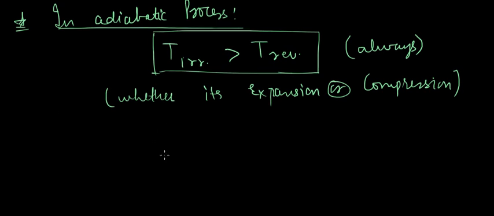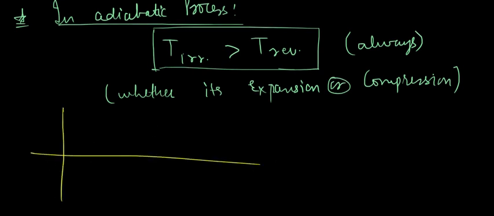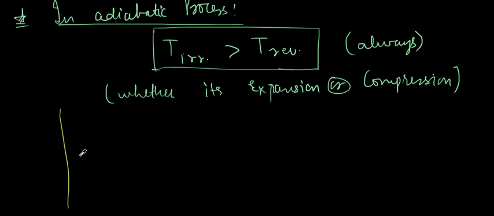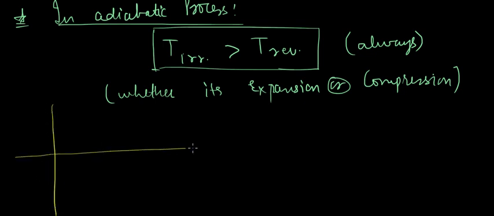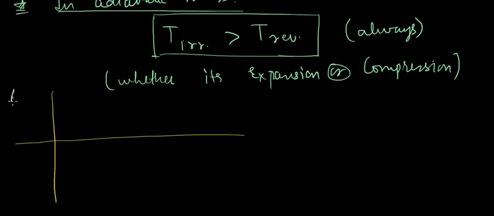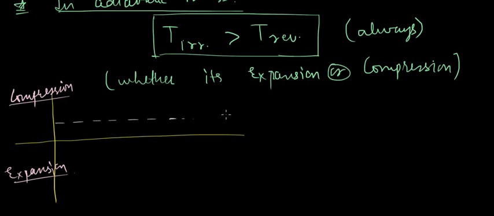Just to draw a graph, we can draw it something like this. Let's have compression on the positive y-axis and expansion on the negative y-axis. This is the line for T reversible in the case of compression, and this would be the line of T irreversible.